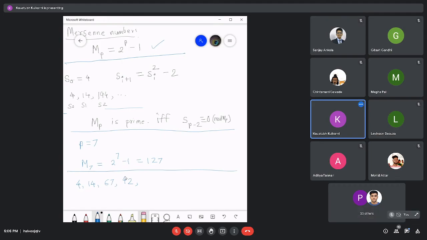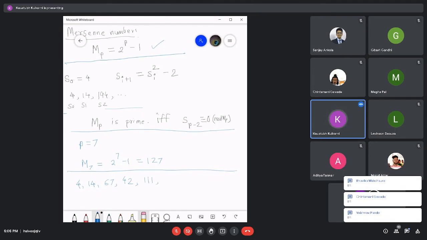Let's proceed. 42 square minus 2 mod 127. 111 is correct.